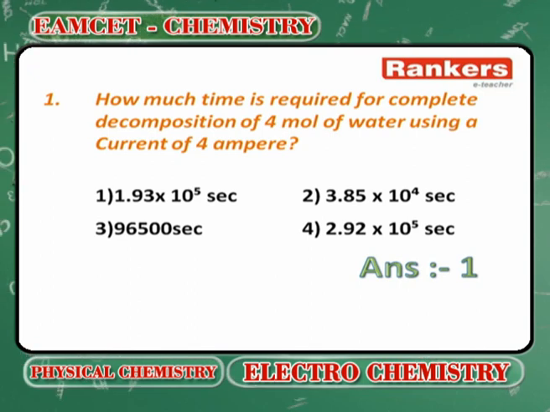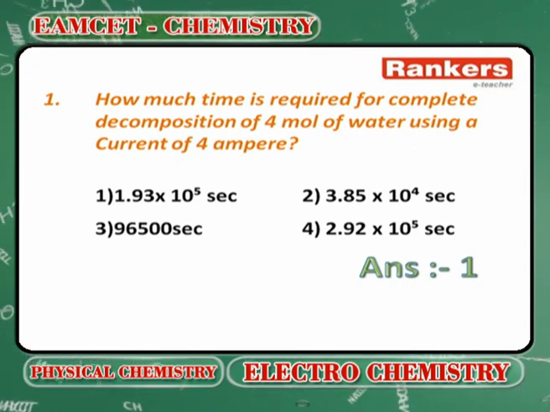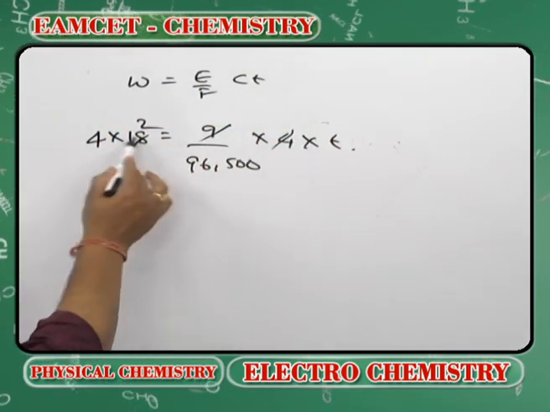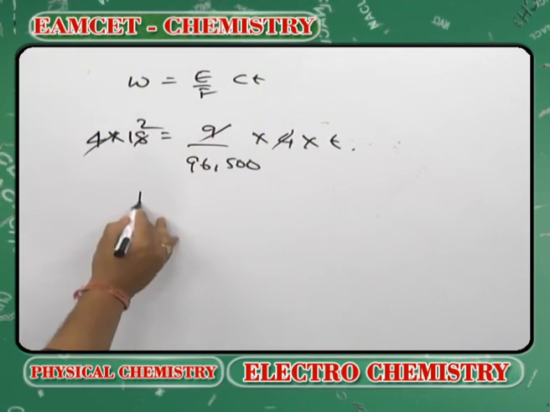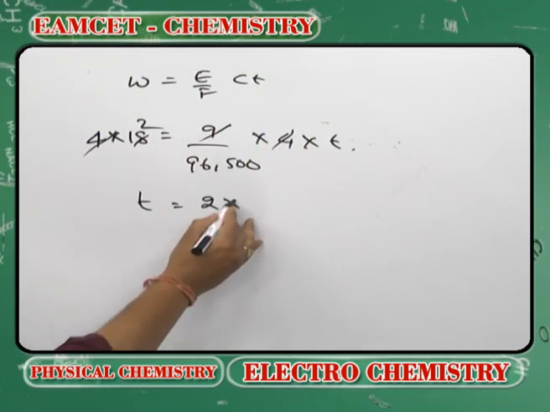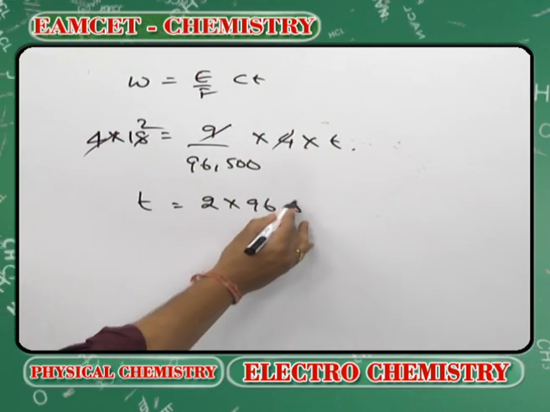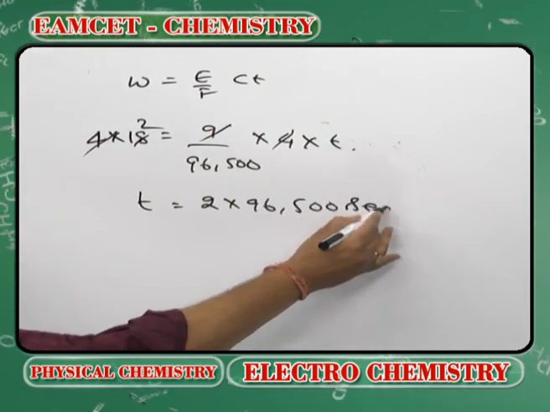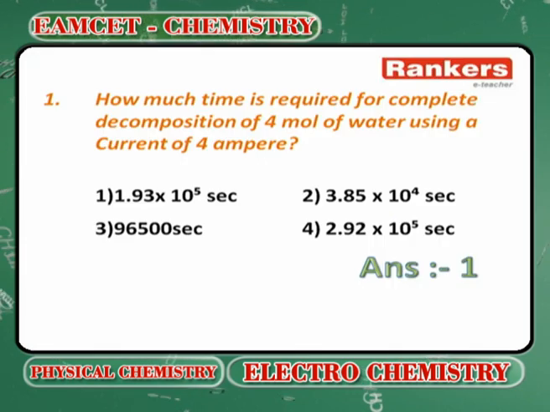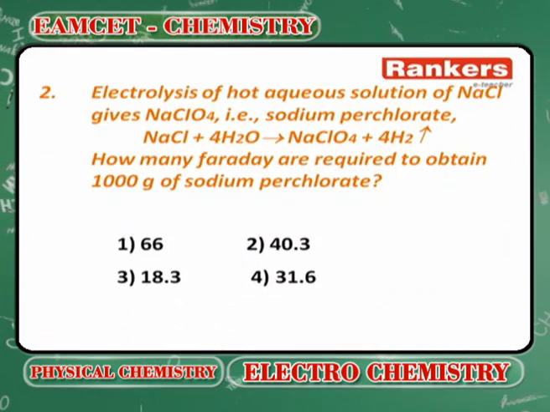The 4 gets cancelled out. T is equal to 2 into 96,500 seconds. Option 1 is the answer.